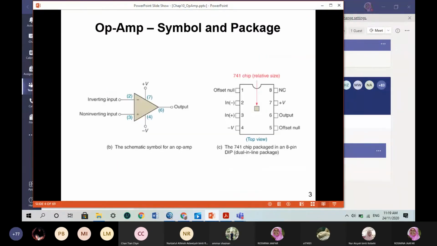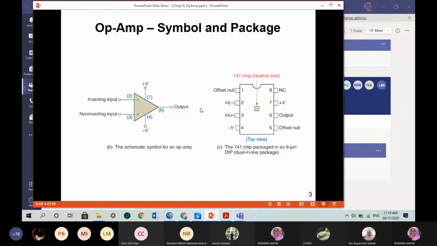The symbol for an Opamp, as I mentioned just now, is always a triangle with two inputs. One input is labeled negative, another input is labeled positive. The negative input is called the inverting input. The input labeled with the plus sign is the non-inverting input.